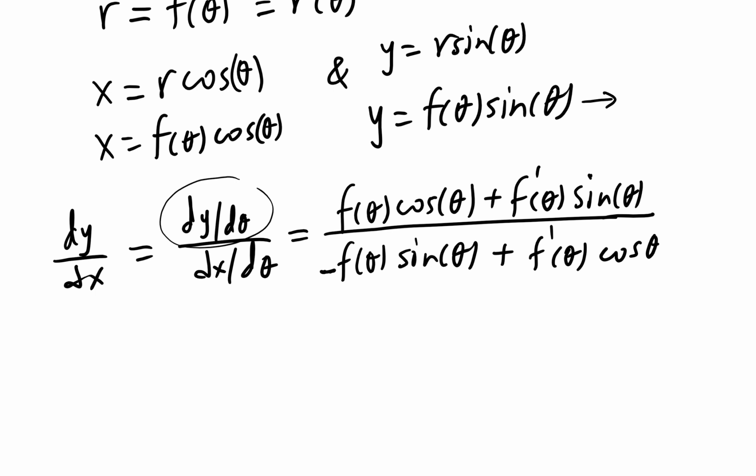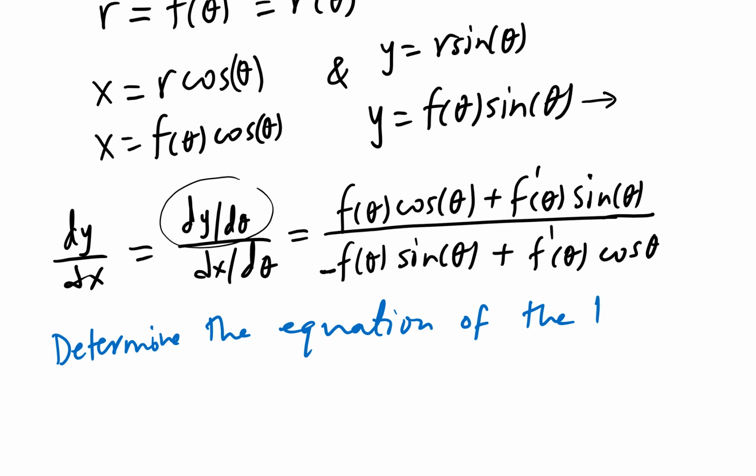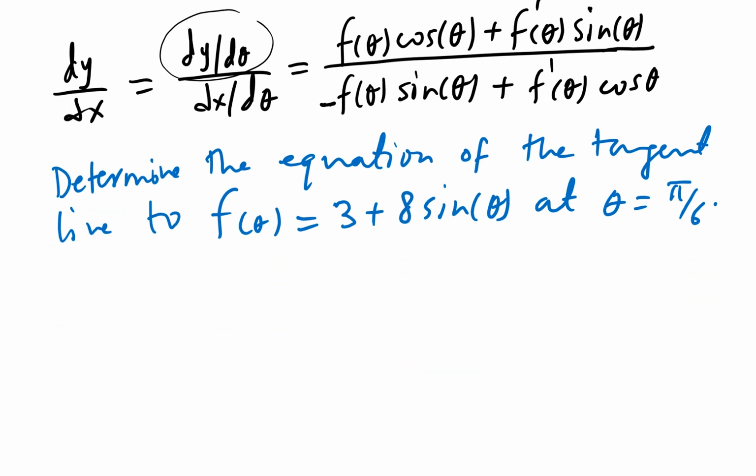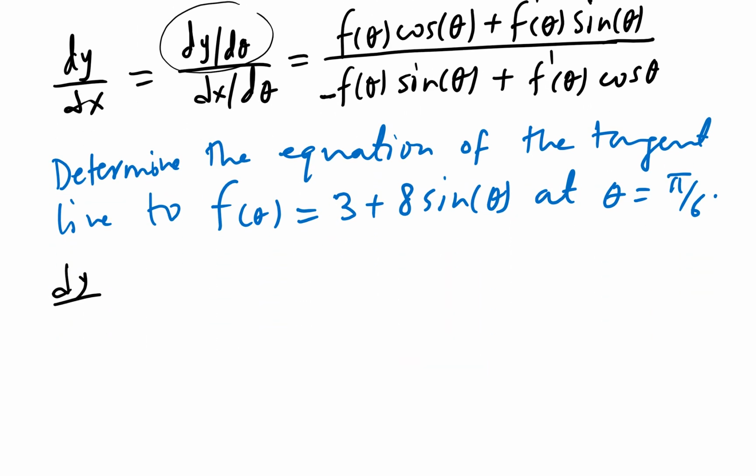To apply that, we are going to determine the equation of the tangent line to the graph of f of theta equals 3 plus 8 sine theta at theta equals pi over 6. So first we need to find the slope, dy/dx.